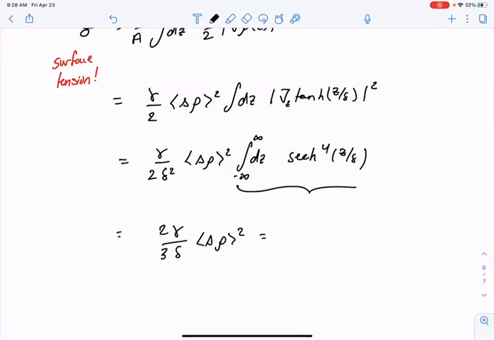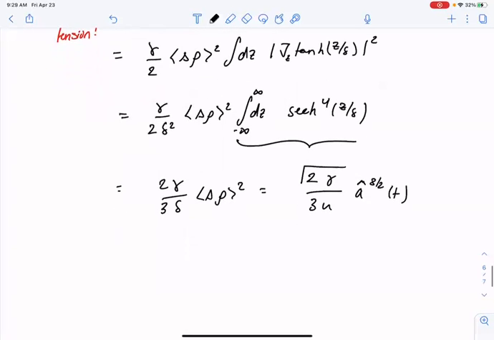Writing that in terms of our A's and U's, this is twice gamma square root of 3u a hat to the 3 halves. As A goes to 0, as we approach the critical point, our surface tension goes to 0. It does so with a critical exponent, in this case 3 halves.